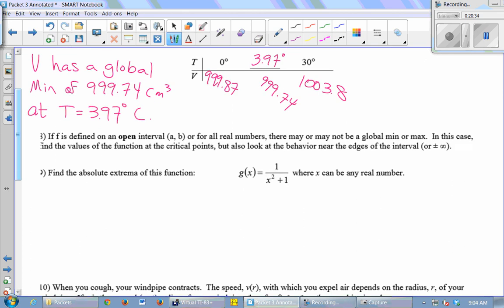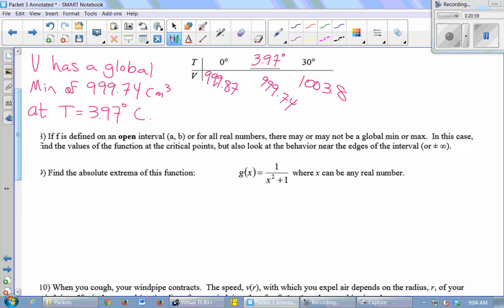All right. It's slightly different when you're trying to find a global max or a global min on an open interval. When you're on a closed interval, find all the critical values, plug them into the function as well as the endpoints of the interval, and just pick the highest and lowest. But if f is on an open interval, there may or may not be a global max or min.